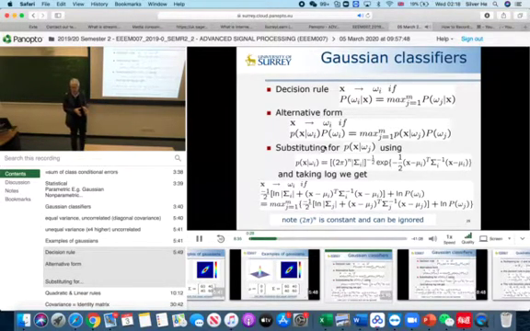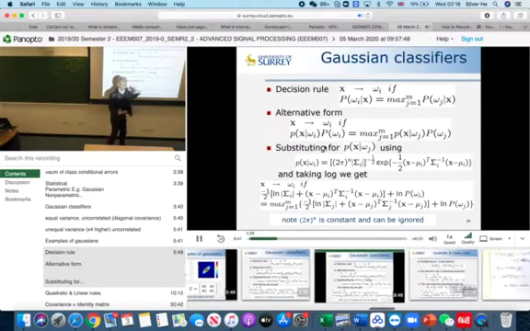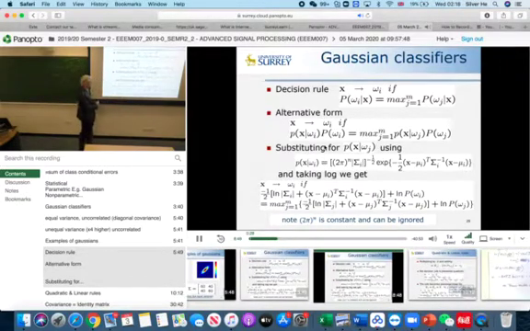Once you've chosen the class and you know the covariance matrix of it, that's a number. So all of this thing here is a number. Inside this exponential is the thing that's dependent on x. And if we want to see a better idea of where the boundary is, if we take the logs of both sides, then it gets rid of this exponential here, and so this gives us this term.